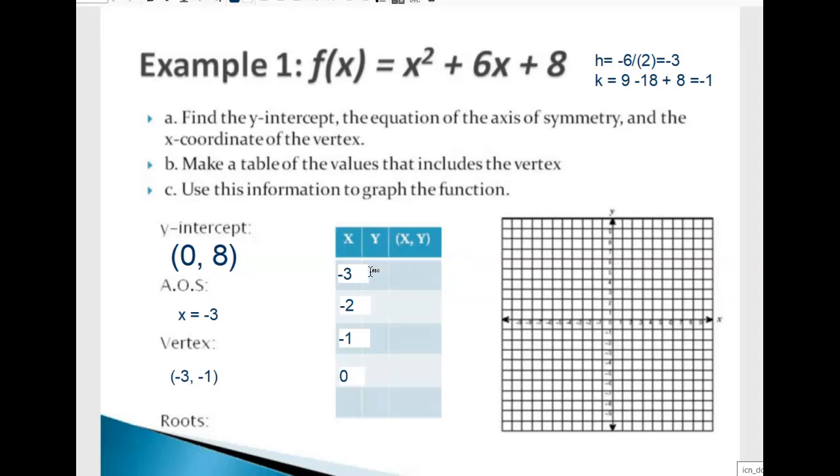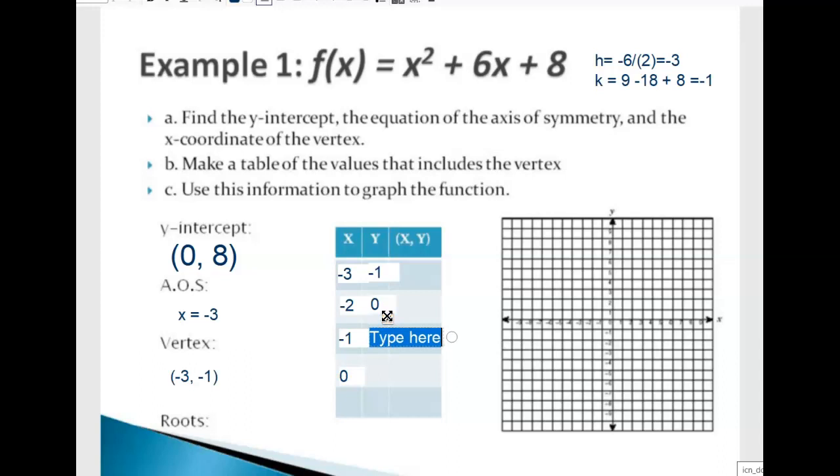The y would be ya plus k. So 0 times 1 is 0, plus k is negative 1. 1 times 1 is 1. 1 minus 1 is 0. And 4 times 1 is 4.